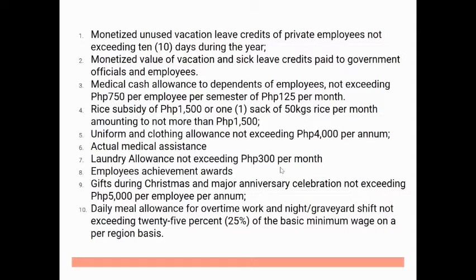Fifth, uniform and clothing allowance not exceeding 4,000 pesos per annum. Sixth, actual medical expense, for example, medical allowance to cover medical and healthcare needs, annual or executive checkup, maternity assistance, and routine consultations not exceeding 10,000 per annum. Seventh, laundry allowance not exceeding 300 pesos per month.